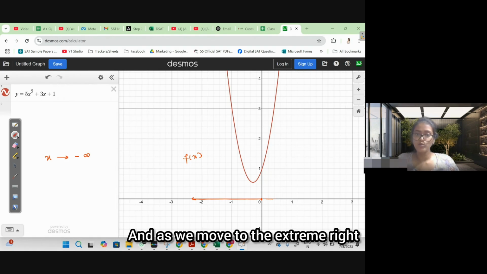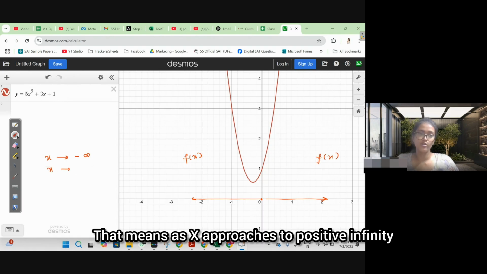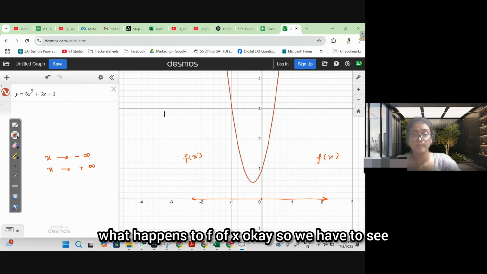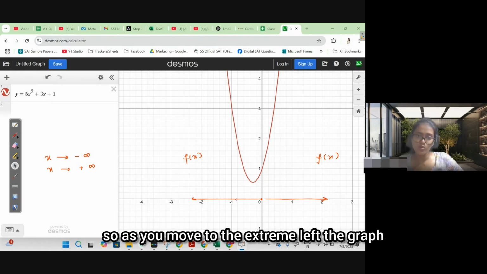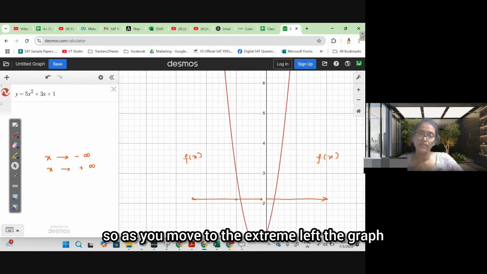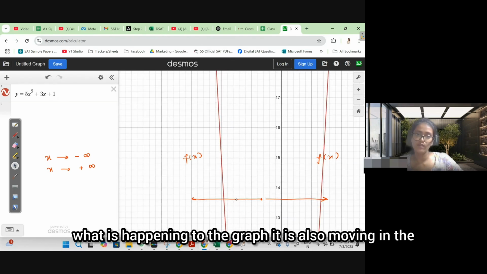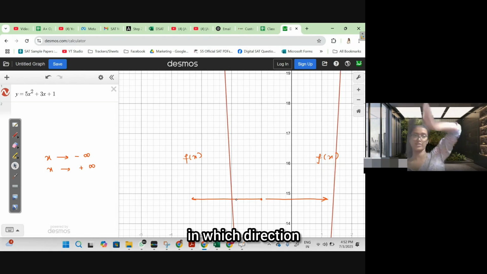And as we move to the extreme right, that means as x approaches positive infinity, what happens to f of x? So we have to see the graph of this function. As you move to the extreme left, the graph is also moving in which direction?